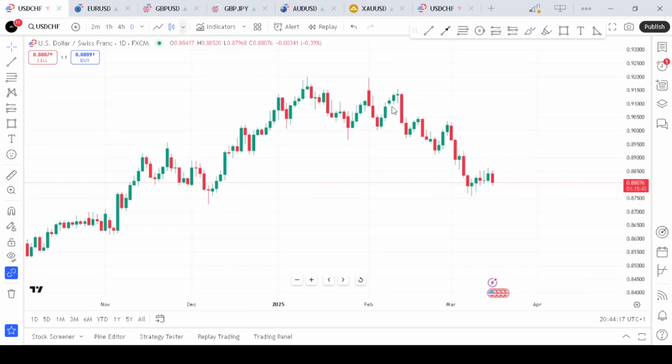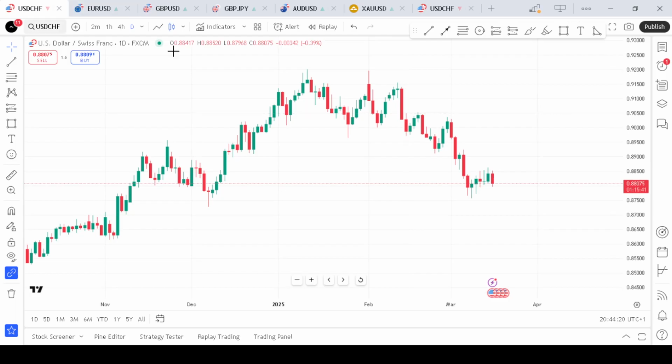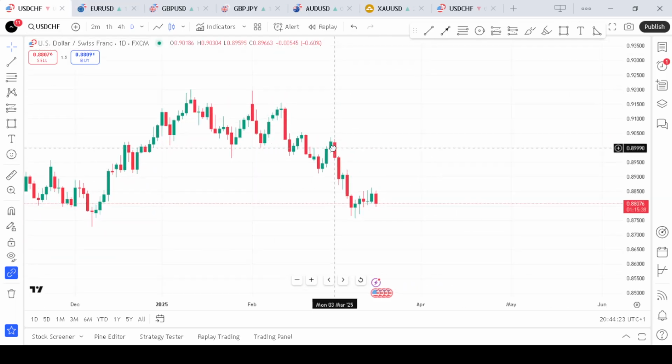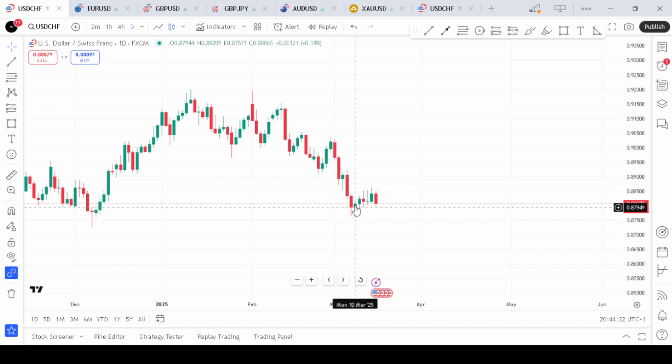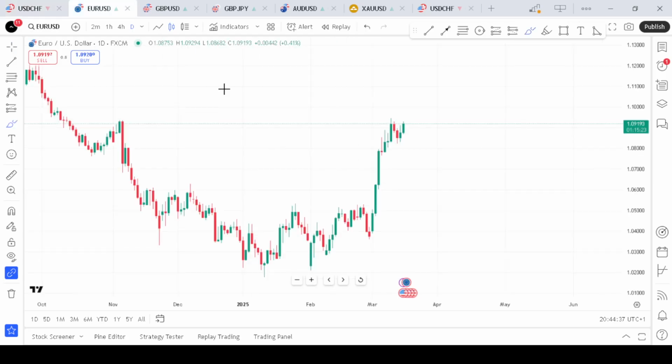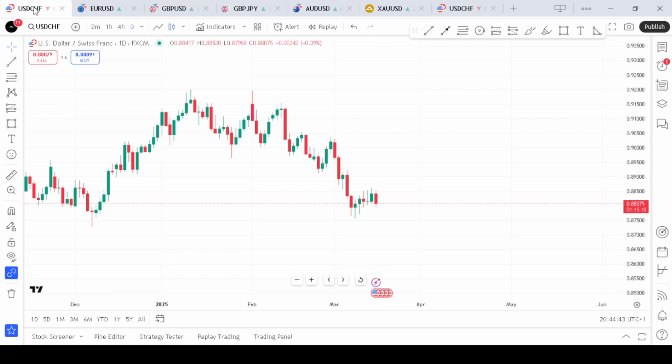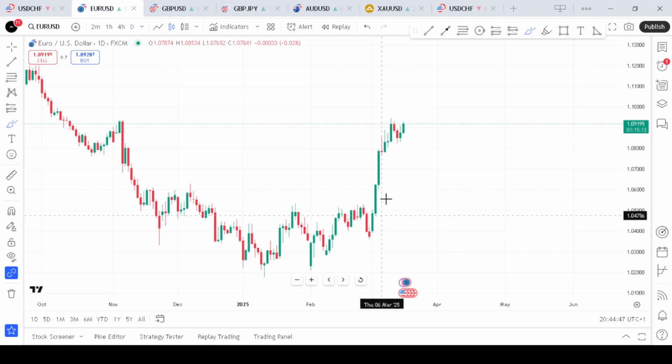So we can see that at this point in time, when the USD CHF was trading to the downside, as we can see, the last 11 days compared to the last 11 days of the Euro USD, we can see the last 11 days of USD CHF was going to the downside, while the last 11 days of the Euro USD was going to the upside, meaning that they have negative correlation.